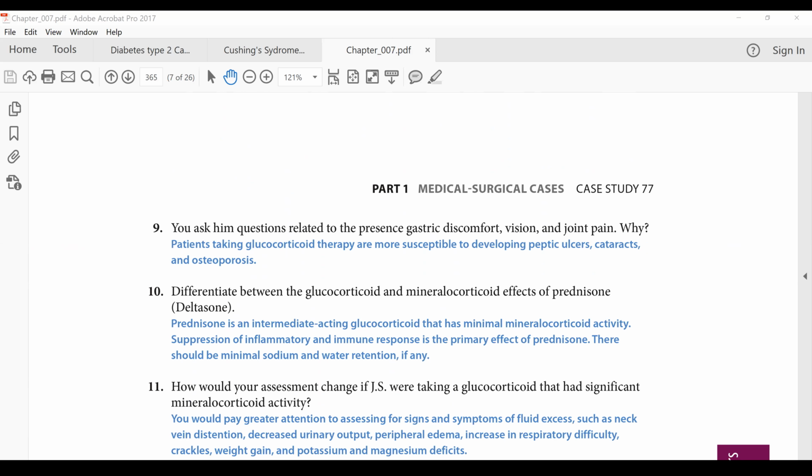How do they influence the salt and water balance? Cause excess cortisol, okay. So if you have excess cortisol, what did we say cortisol does?